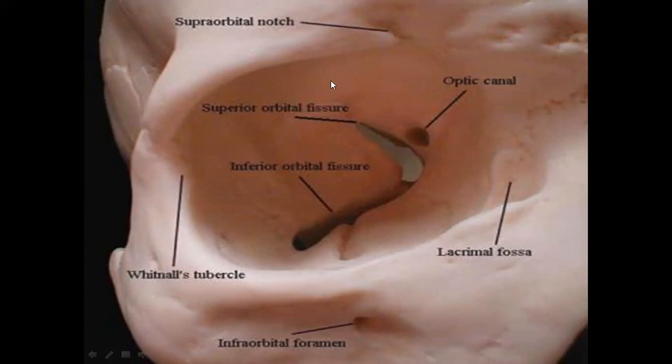This is about the roof of the orbital cavity. The roof is formed by the frontal bone and the lesser wing of the sphenoid bone, and shows the following landmarks: the fossa for the lacrimal gland, trochlear spine, optic canal, and supraorbital notch.